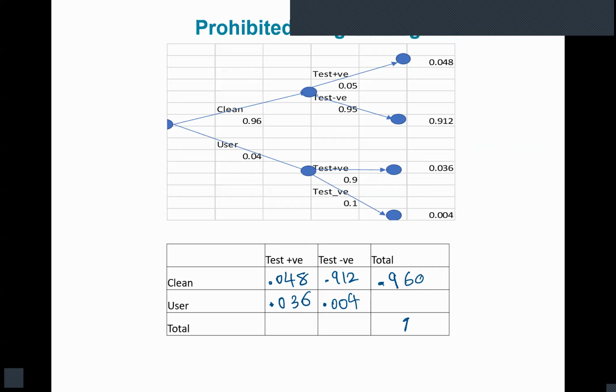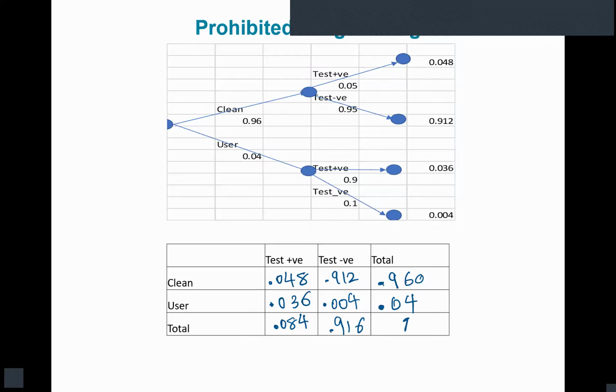So together this would be 0.04. This one is 0.916 in total for those who tested negative. And for the rest, it should be 1 minus 0.916, which is 0.084. This is everyone who has tested positive.